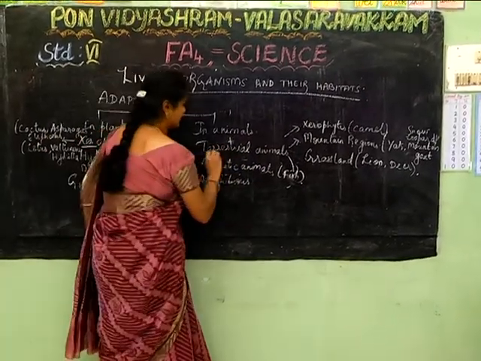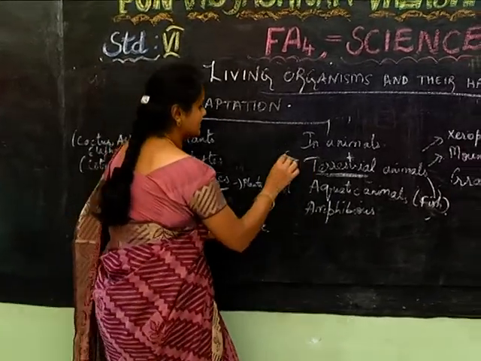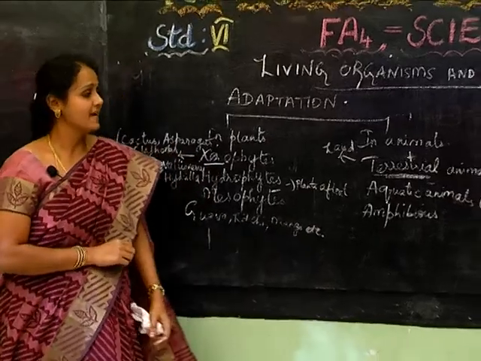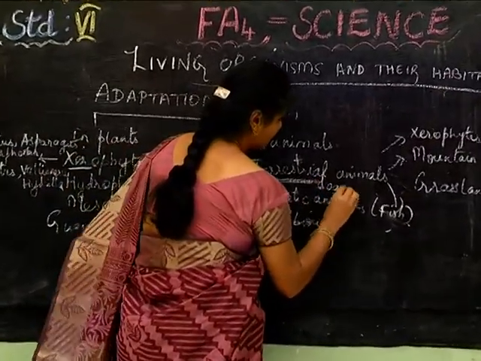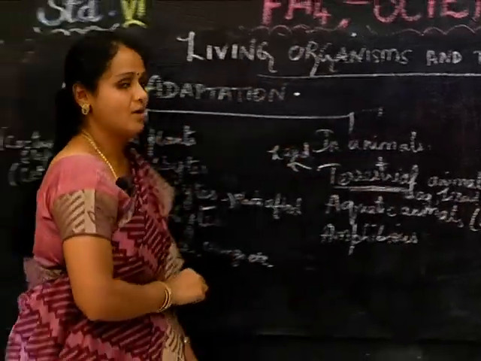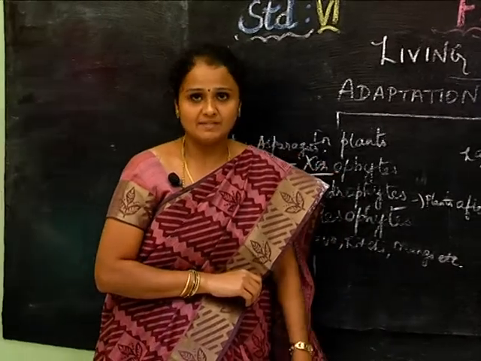The term terrestrial stands for animals which live on land. Examples of terrestrial animals are dog, lizard, etc. Now, we are going to see the adaptive features in terrestrial animals.